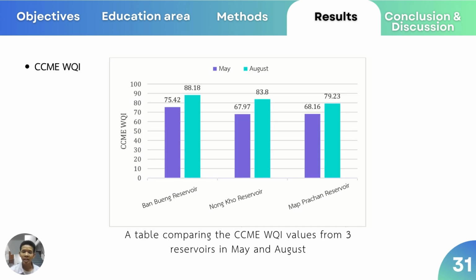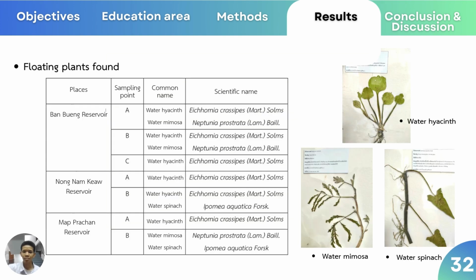From the table, we can use the water quality data to calculate the water quality index or WQI. The highest water quality index is in Banwing Reservoir at 88.18. From the water results, we found examples of aquatic plants such as water hyacinth, water mimosa, and water spinach.